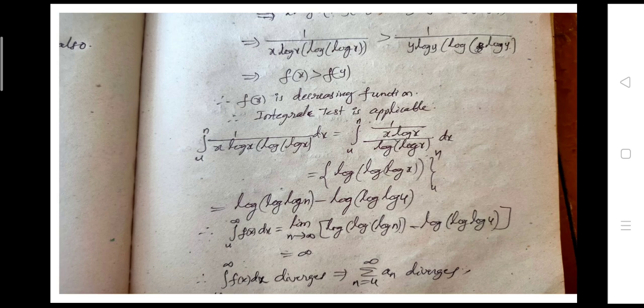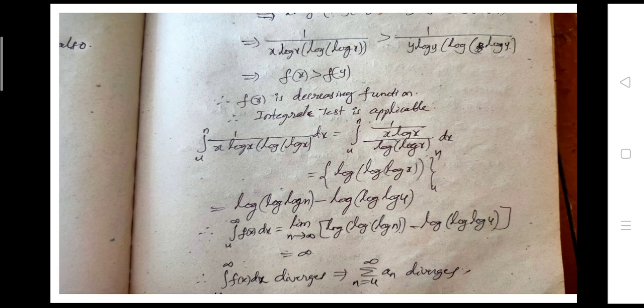Here integral 4 to n 1 by x log x log of log x dx is equal to integral 4 to n, and the given problem can be written as 1 by x log x by log of log x into dx, and this is in the form of f dash x by f of x. Here f of x is equal to log of log x, and derivative of log x is 1 by x log x.